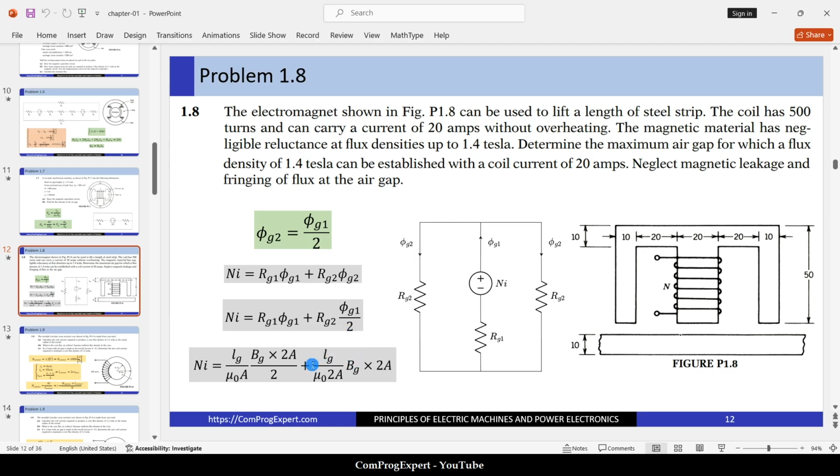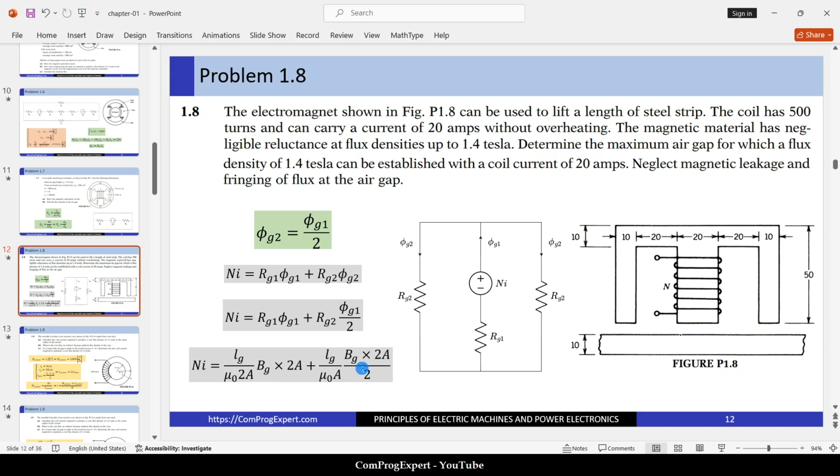I need to cut this equation and place it here according to the above equation. So this is the reluctance of gap 1, L gap divided by mu 0 times 2 times A, times B gap times 2A, the total phi gap 1. And this is for the gap 2.